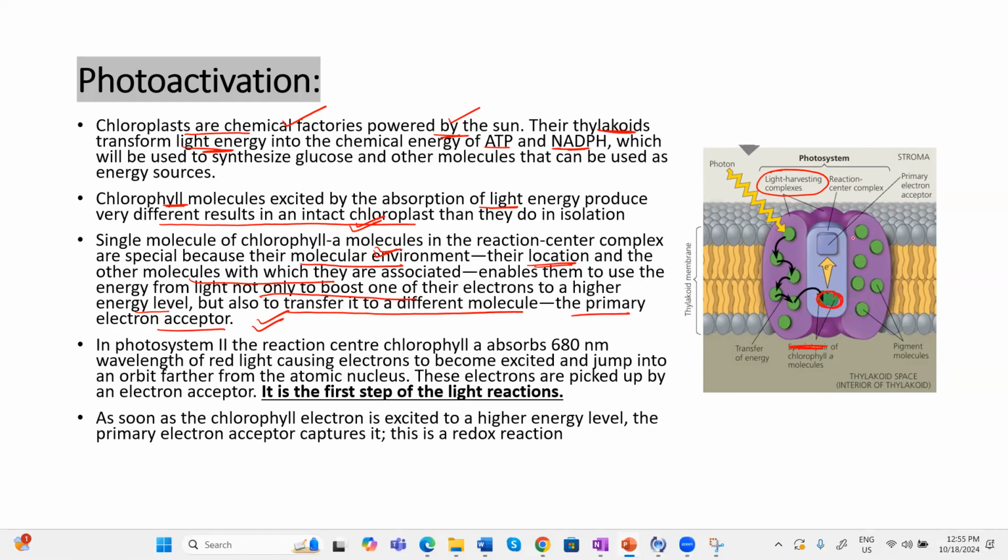This is in the reaction center, and this is the primary electron acceptor. So this arrangement is such that the electron is not only excited to a high energy level, but is also given to the primary electron acceptor. And the pigments are organized to form the photosystem. So this is the first step of light reaction. The first step of light reaction is photoactivation of chlorophyll. And it is a redox reaction.